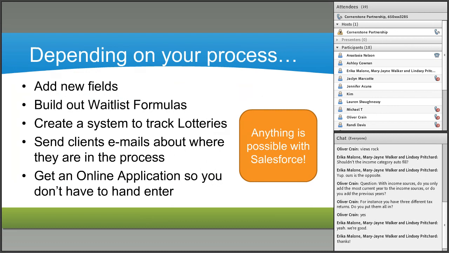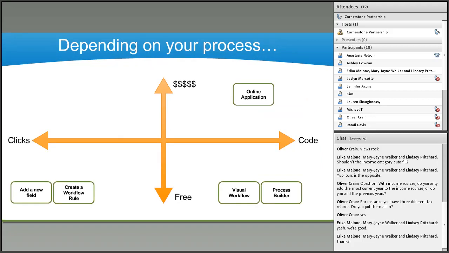I talked a little bit about these things I had going on in my process. Those are all possible in your HomeKeeper too. You can add fields for what you need to track. You can build formulas. You can add fields to track lotteries, send emails, or you could get an online application.